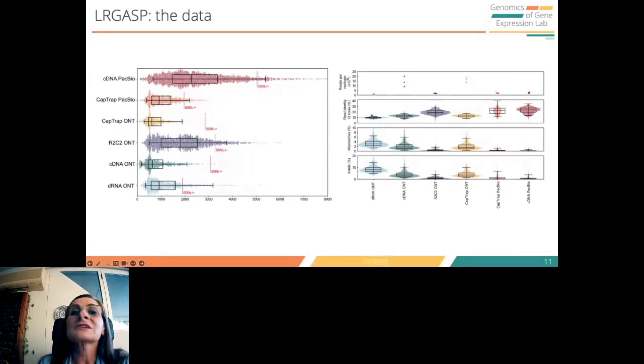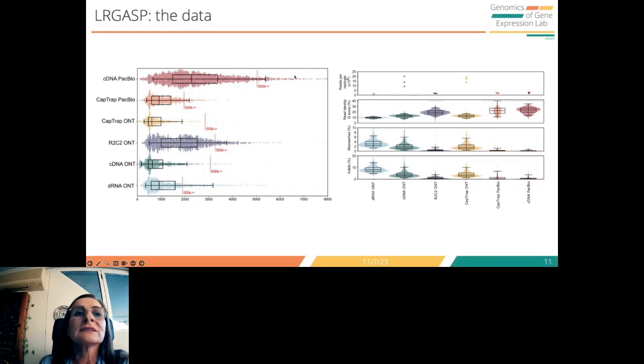However, other important aspects is the quality, which is here assessed as the read identity. And then you can see also differences. For example, with cDNA PacBio, we have the highest identity or accuracy of the reads. Also, CapTrap PacBio was similar, and the R2C2 with nanopore had better data quality in terms of identity than the other nanopore platforms.